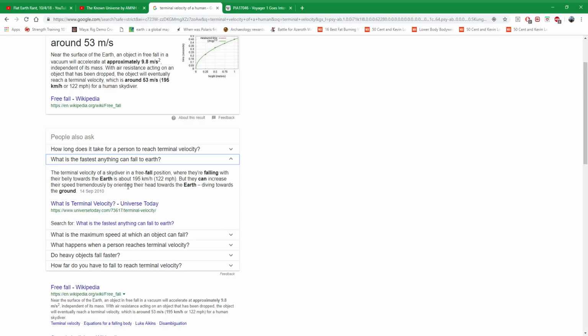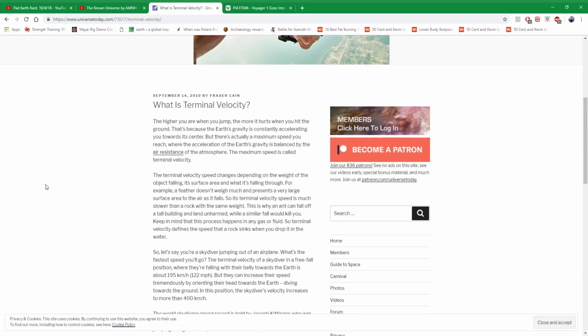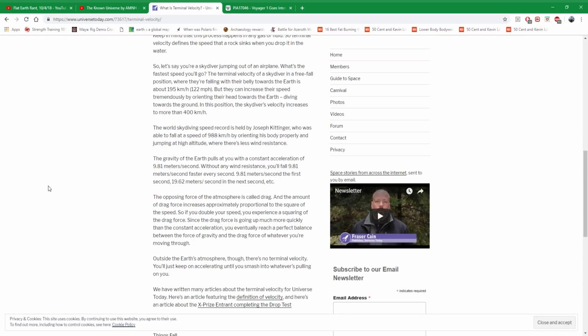Terminal velocity of a skydiver in free fall position, where they are falling with their belly towards the Earth, is about 122 miles an hour. But they can increase their speed tremendously by orientating their heads towards the Earth, diving towards the ground. Let's have a click on this. Diving towards the ground, a skydiver's velocity can increase to more than 400 kilometers an hour. So there we go.